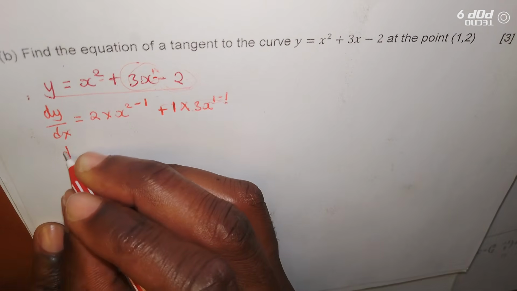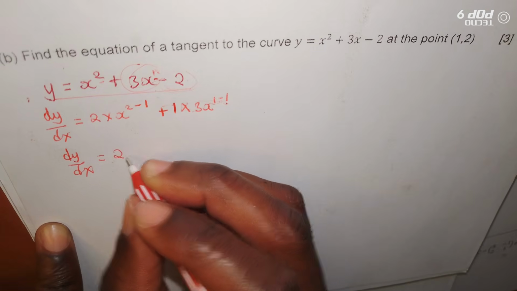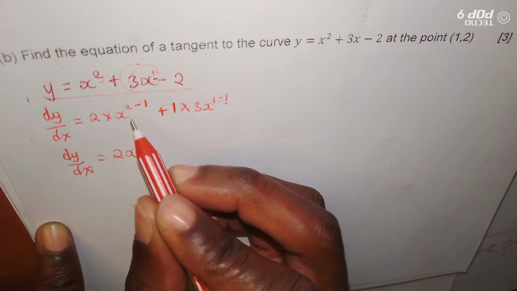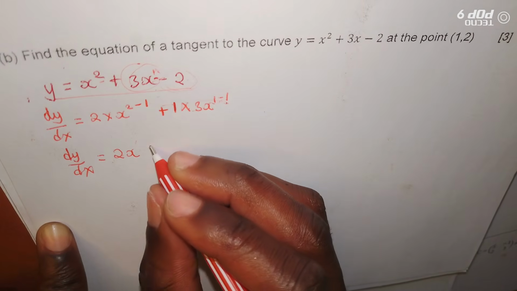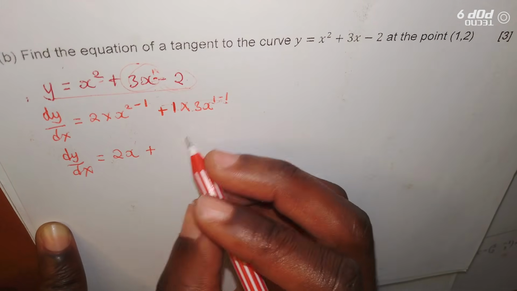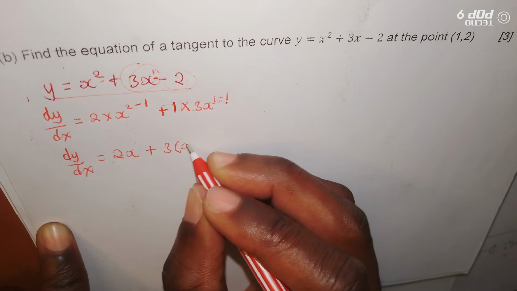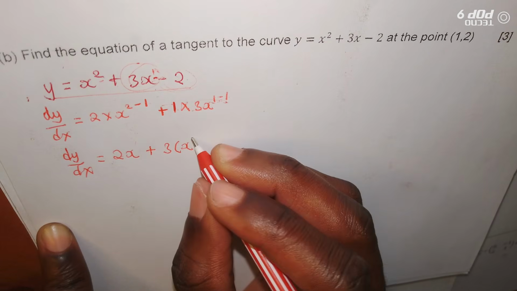So dy/dx is equal to 2x, because 2 times x is 2x, and 2 minus 1 is 1, meaning x has the power of 1, plus 1 times 3, that is 3. Now what is 1 minus 1? That is 0.